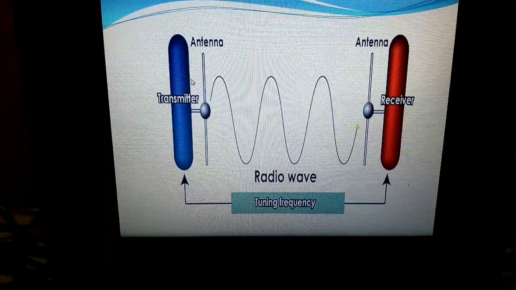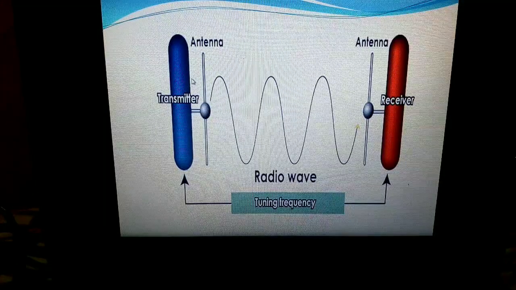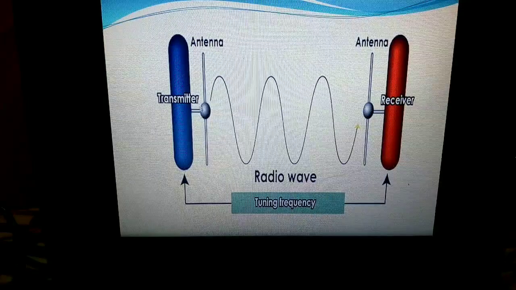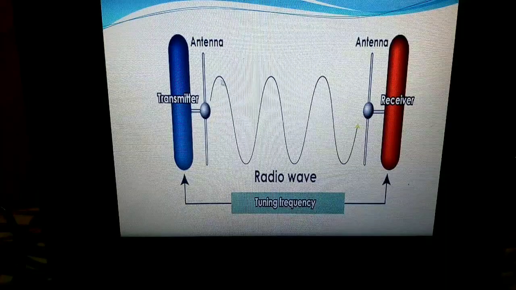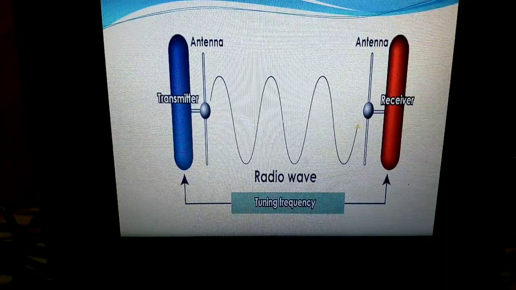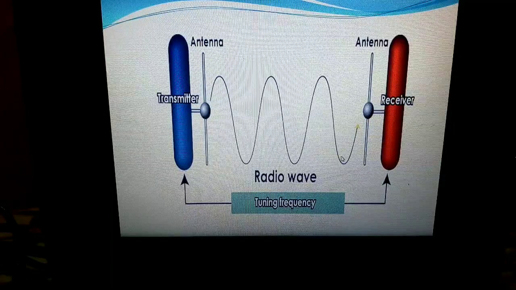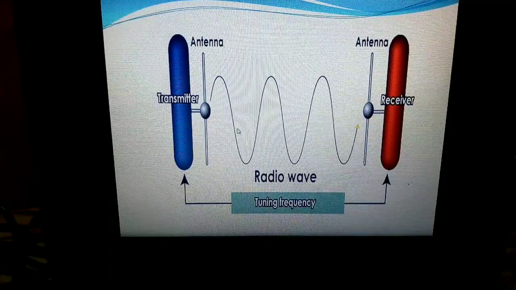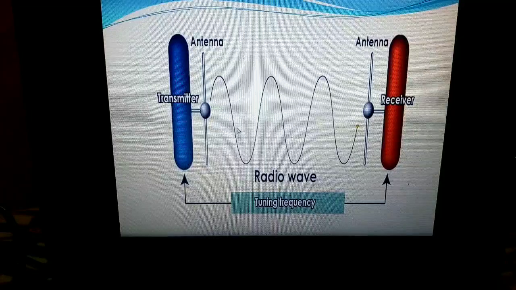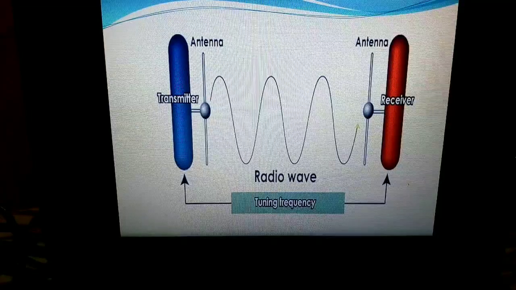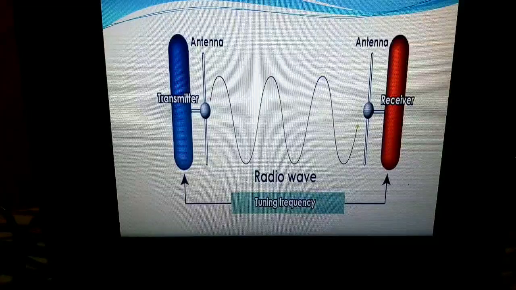Now your data, voice signals, or whatever it is, in the form of zeros and ones, goes through encoding, and after encoding your data will be converted into the form of a sine wave, whereas in optical fibers it was encoded in the form of a light beam. Here it is in the form of sine waves, which are then transmitted with the help of radio waves.